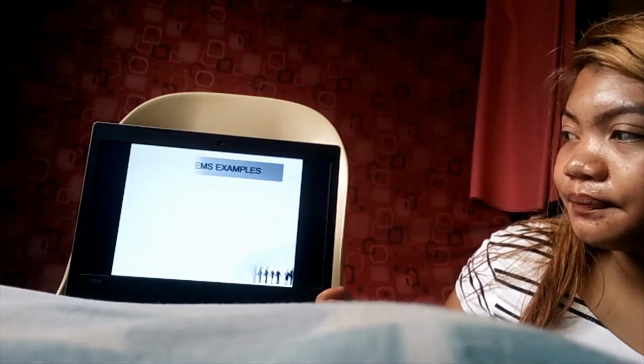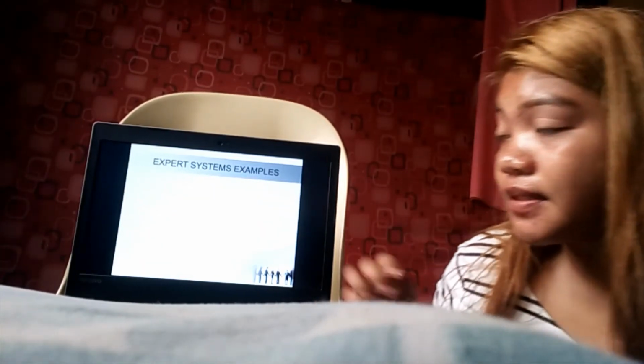Then the next one, the expert system examples.